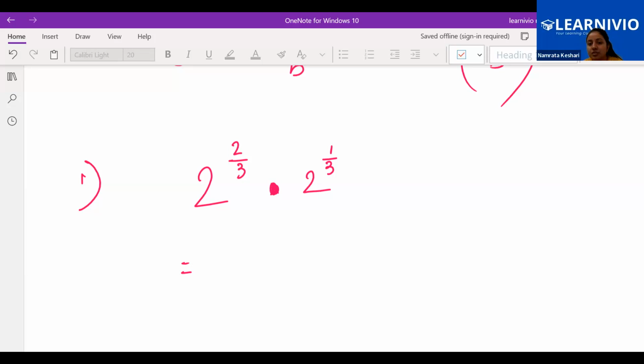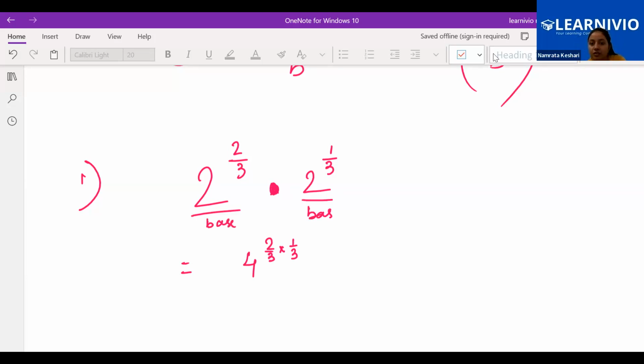Wait, what you said, can you please repeat? Arhan, you were saying? Ma'am, it would be 4 to the power 2 upon 3 into 1 upon 3. We are not going to multiply the bases, Arhan. This is base, this is base.